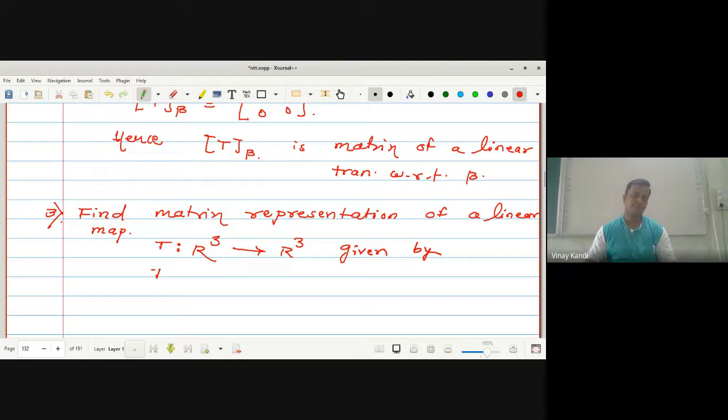T of (x, y, z) is equal to (z, y plus z, x plus y plus z). First coordinate is z, second coordinate is y plus z, third coordinate is x plus y plus z.